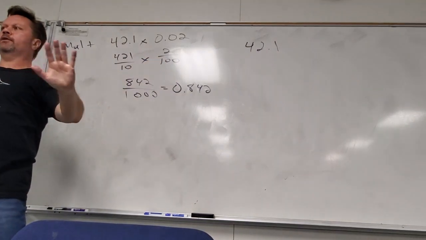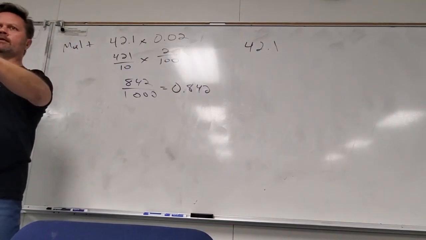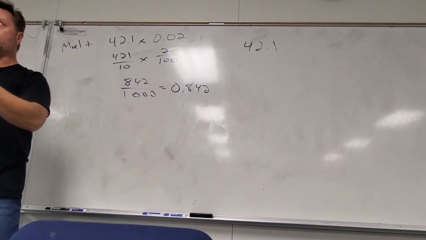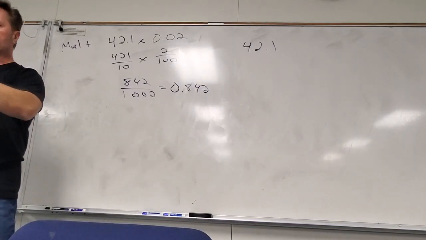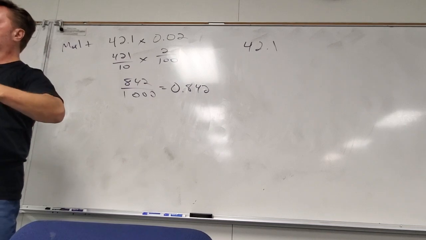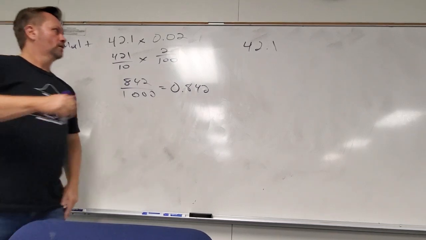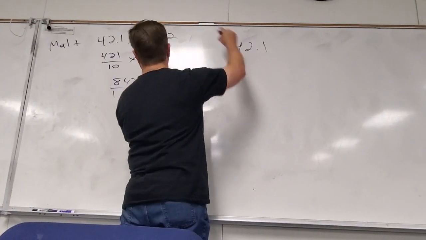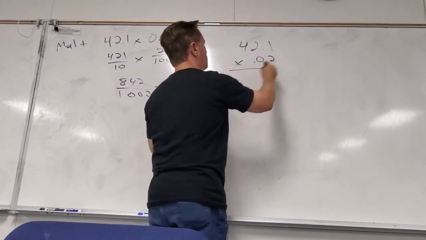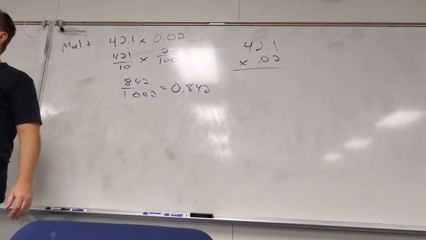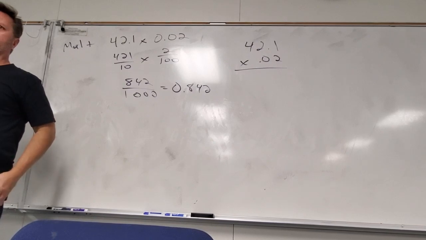Multiplication, a lot more laid back. I told you that last time. I can't add x and x squared, but I can multiply x times x squared. Multiplication, a lot less uptight. So I can just put down there 0.02. Go for it.